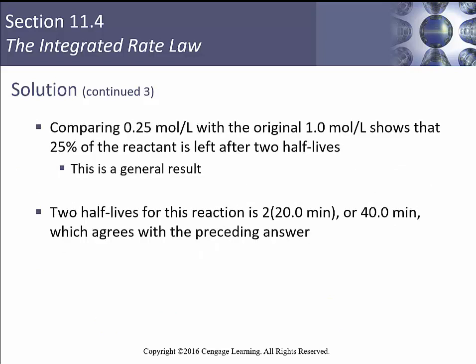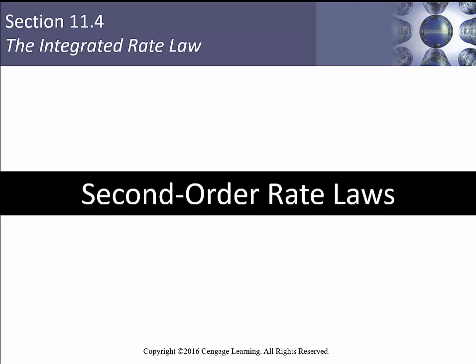So if we compare 0.25 moles per liter with our original 1 mole per liter, it shows that 25% of the reactant is left after 2 half-lives, that's a general result. 2 half-lives for this reaction is going to be 2 times 20 minutes or 40 minutes, which agrees with our preceding answer. All right.